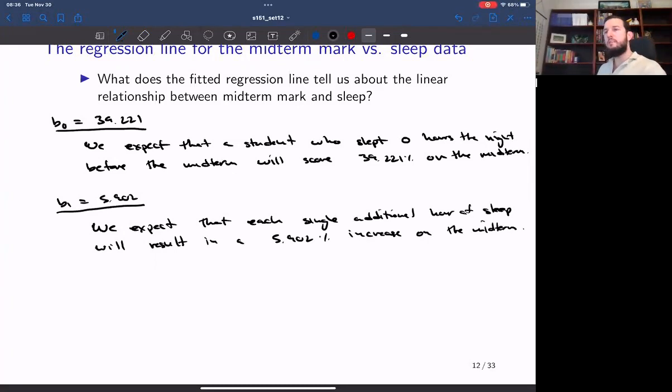So basically what the slope is telling us is that every time a student gets 1 extra hour of sleep, their midterm mark is expected to increase by 5.902%. So each additional hour of sleep gives you almost 6% more on the midterm.